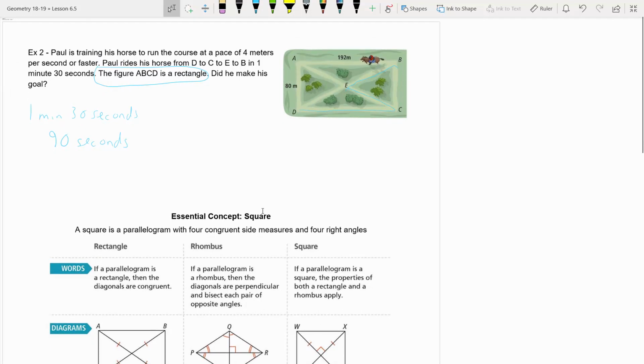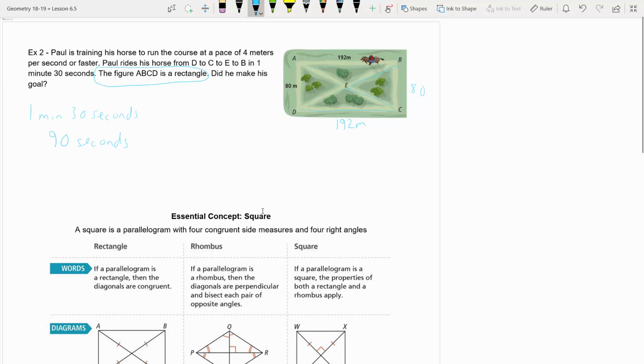So if we look closely, because AB is the same thing as CD, that tells me that this is 192 meters. And since I've got 80 here, 80 is also going to go over here. And we can find the length of AC using Pythagorean theorem.